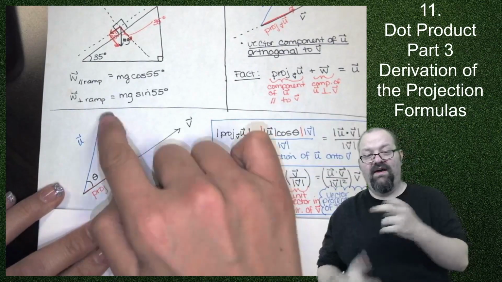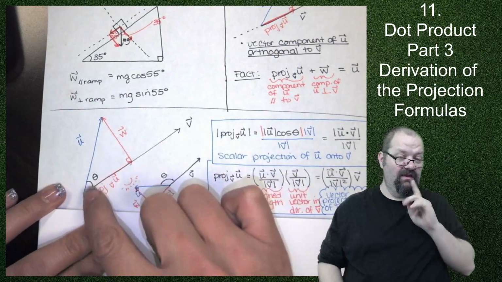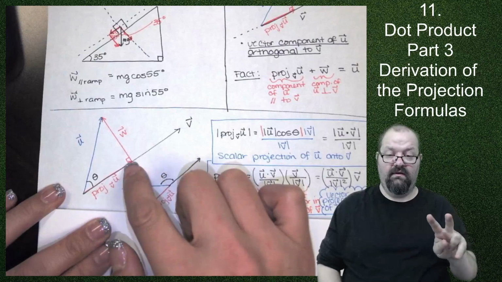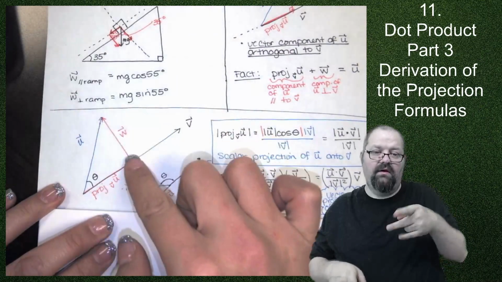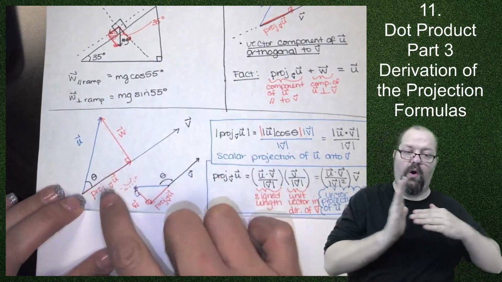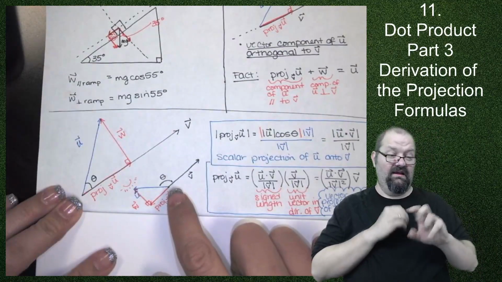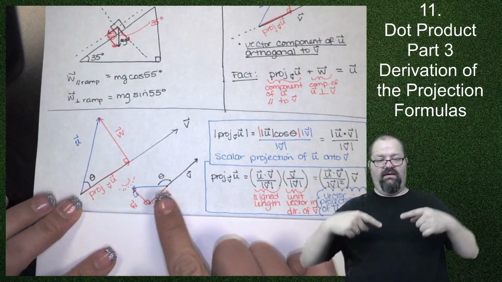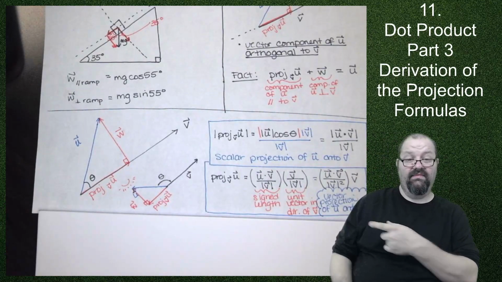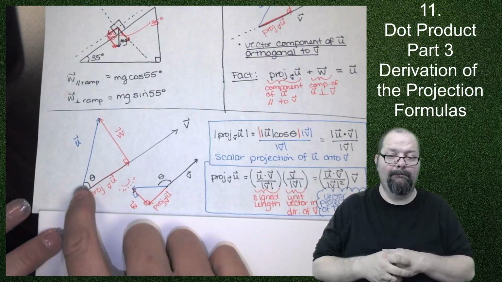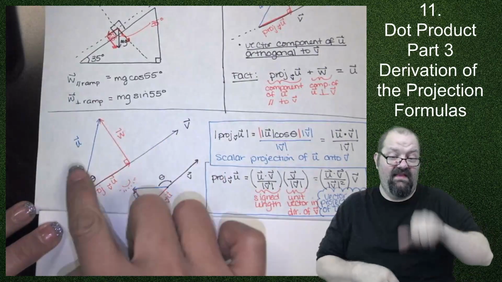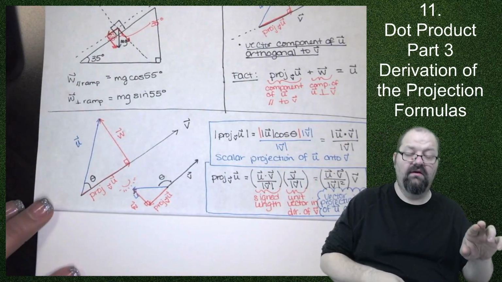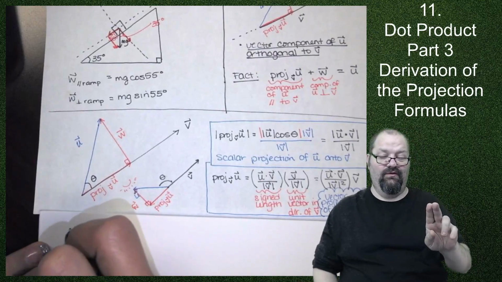It's the part of U that's perpendicular to V. So there's part of U that's parallel to V, that's the projection, and the other part that's perpendicular to V. If theta is acute, it looks like this. If theta is obtuse, there's part that's parallel to V, and there's part that's perpendicular to V. Still, same thing. But if I add this vector and this vector tip to tail, I should get U back by design. So finding W really isn't that difficult.